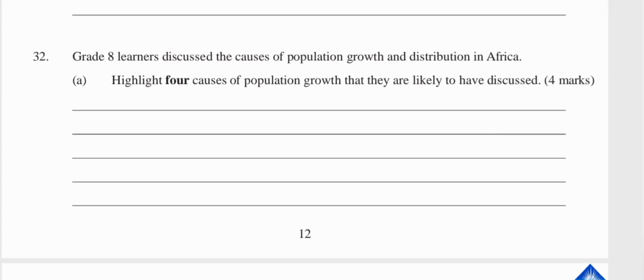Question 32. Grade 8 learners discussed the causes of population growth and distribution in Africa. Highlight 4 causes of population growth that they are likely to have discussed.